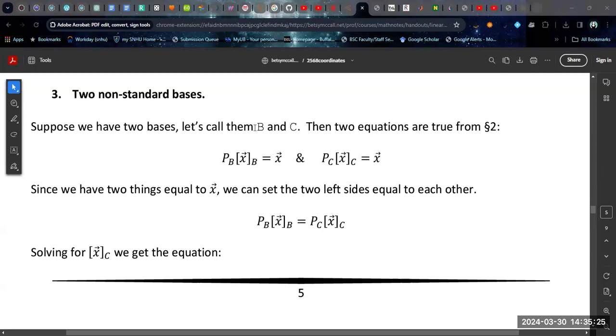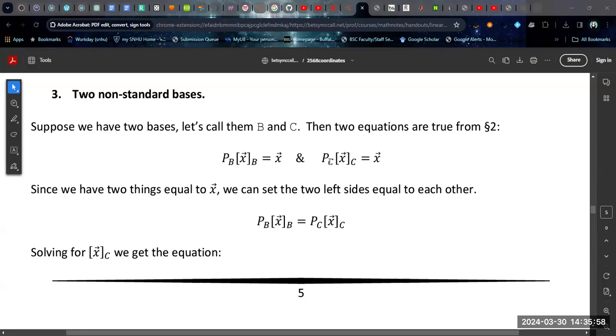So let us consider, I have a basis of vectors B, and I have a basis of vectors I'll call C. In both cases separately, I know that if I create a matrix of the basis vectors and I have a representation for that vector in the standard form and in that basis, I know that these two sides are equal from the previous illustration.